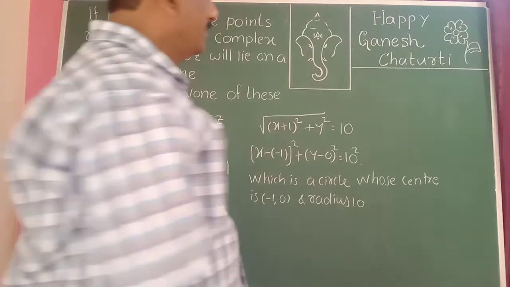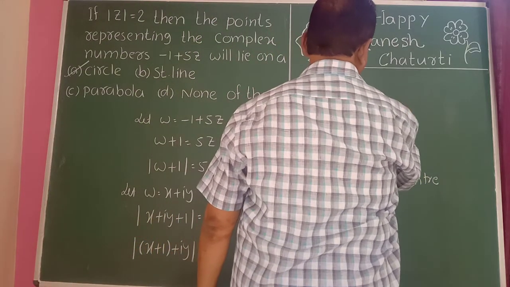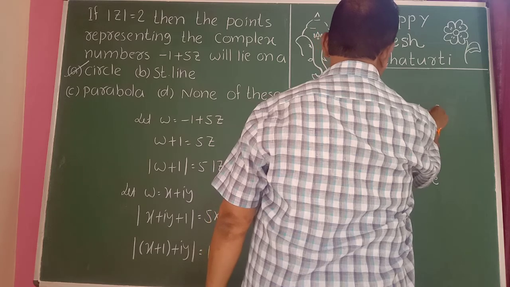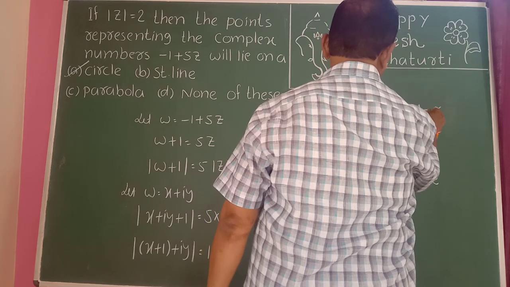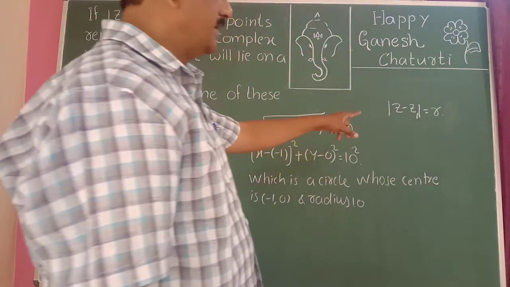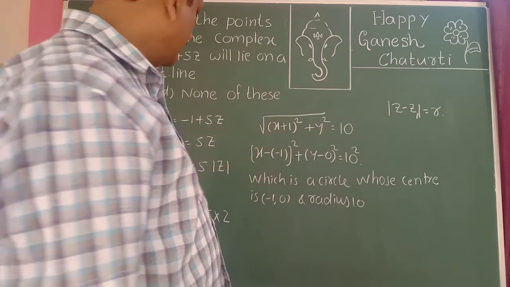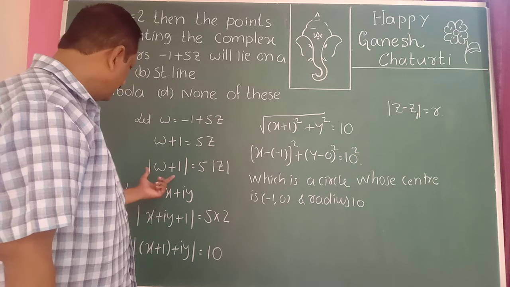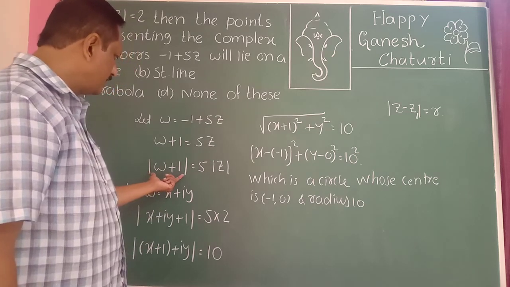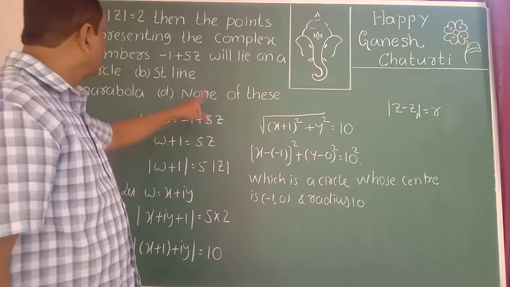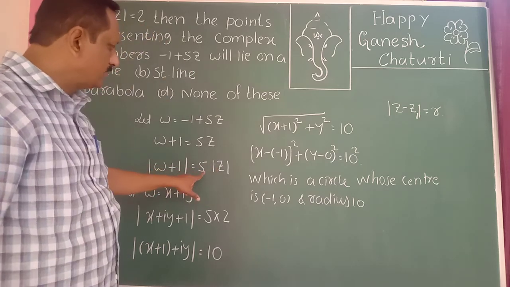And you remember it here. Suppose modulus of z minus z1 is equal to the radius r. If it is in the form of modulus of z minus z1 equal to r, then obviously it is a circle. Just observe here: modulus of omega plus 1 is equal to a constant, 5 times 2, which is 10.